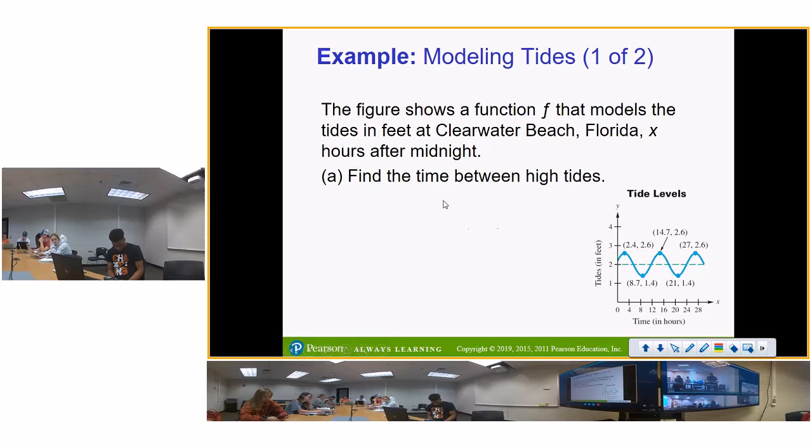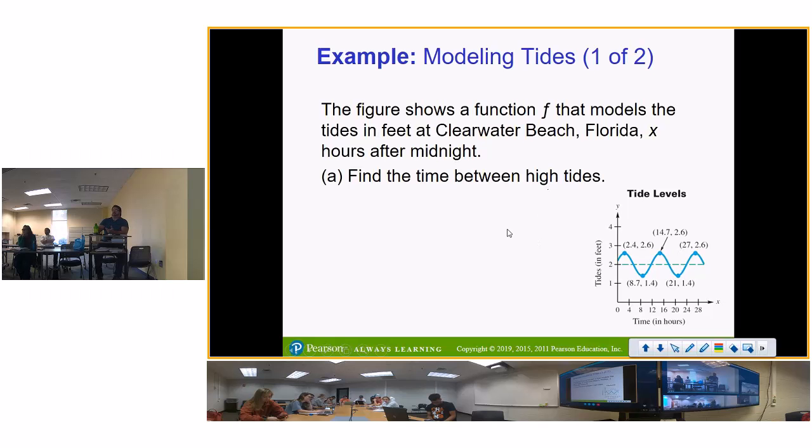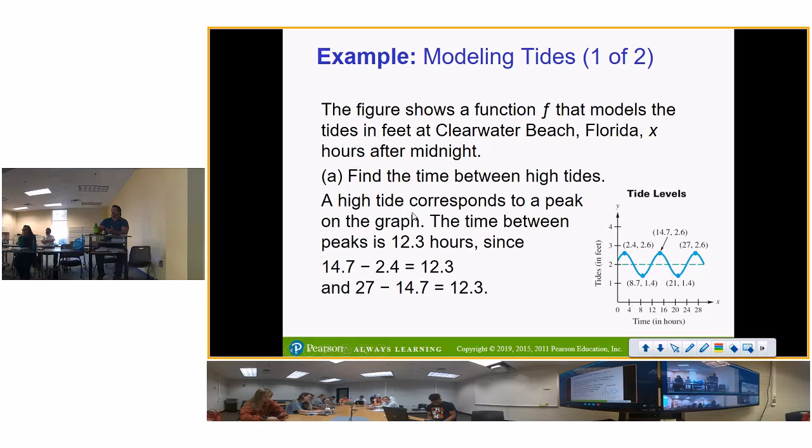Again, find the time between high tides. Here, you just subtract. All right, 14.7. We're getting into a little bit of common sense stuff, plug and chug common sense. You will see this with the sine and the cosine curve in the next unit. Not a big deal. I don't spend a lot of time on this because I don't test you on it. The time between peaks is 12.3 hours.